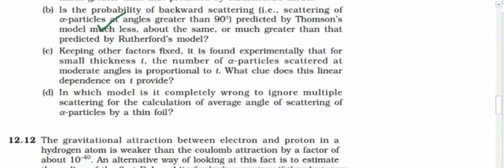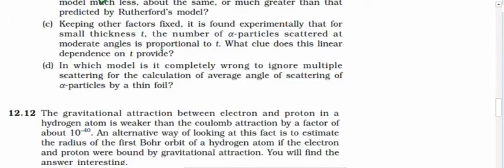Then part C: keeping other factors fixed, it is found experimentally that for small thickness T, the number of alpha particles scattered at moderate angles is proportional to T. What clue does this linear dependence on T provide? As the thickness increases, the possibility of collision is high.